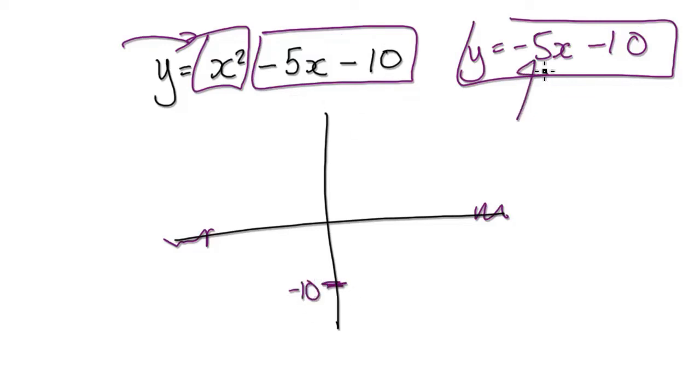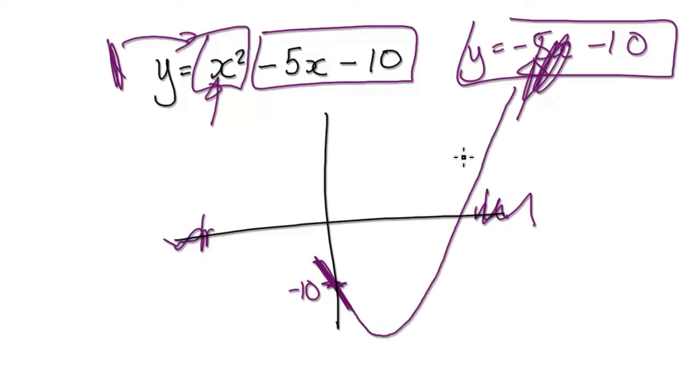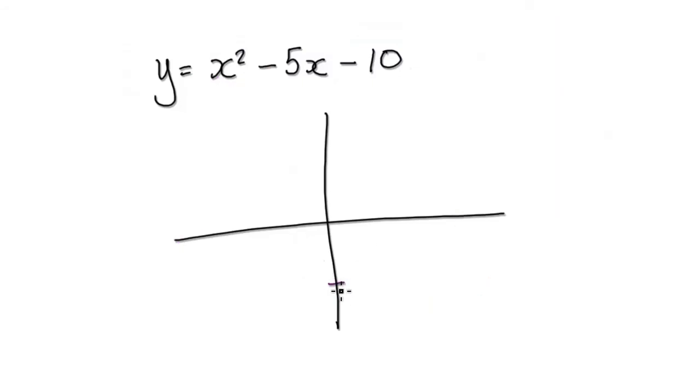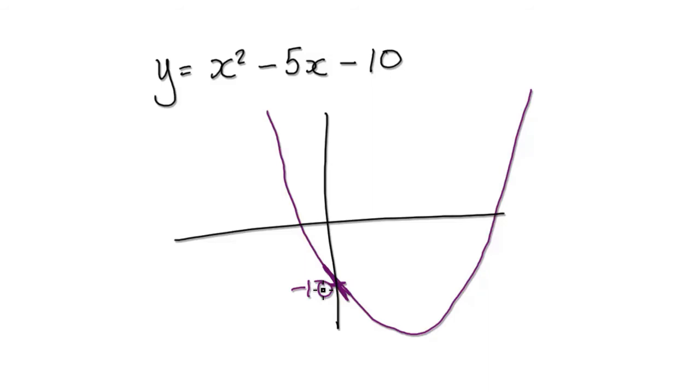It wants to do a negative gradient, and then when x is big around this region, it wants to do a positive quadratic, something like this. So to sketch this, I would go down slightly and then up, and then straight up. So your graph will look something like this. Okay, so this one here would be -10.